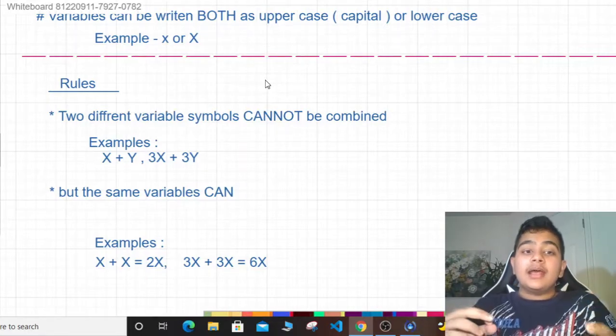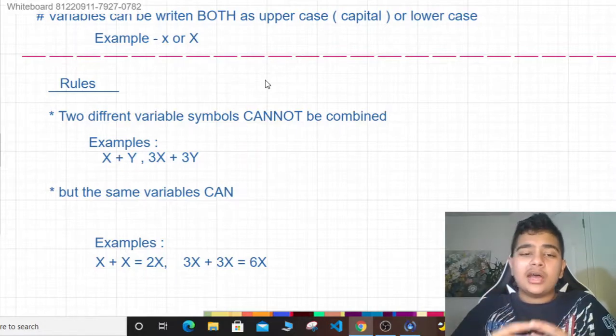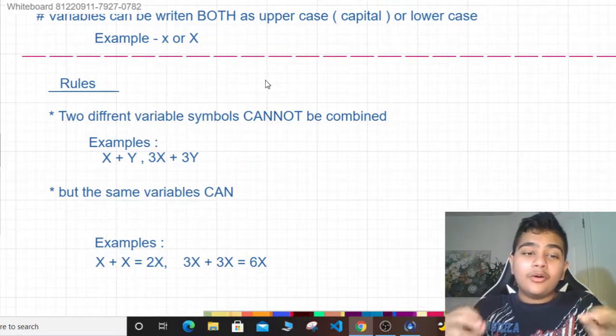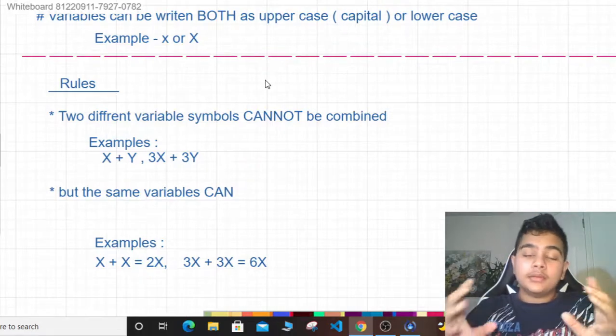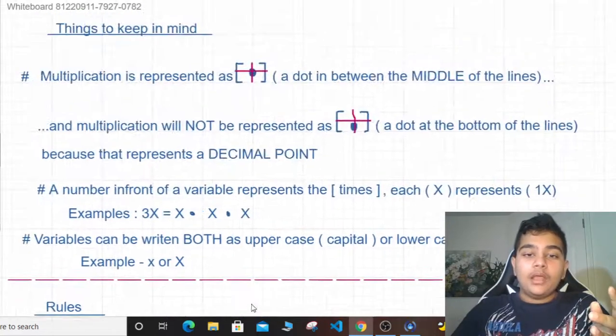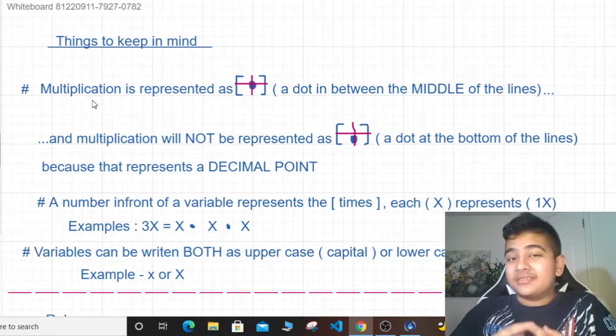So for this variable, you need to have a solid idea of this concept. And the biggest problem in the beginning is the multiplication part, because x now represents a variable and not a multiplication sign.